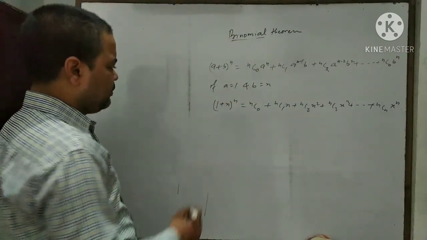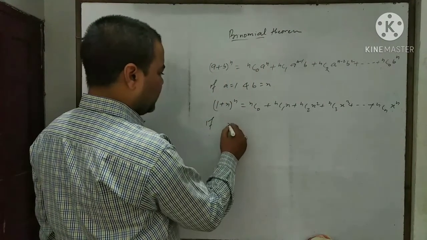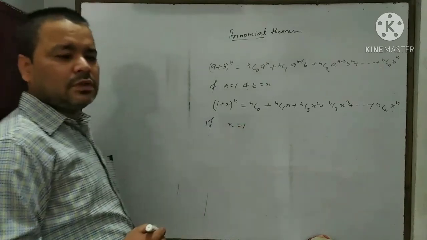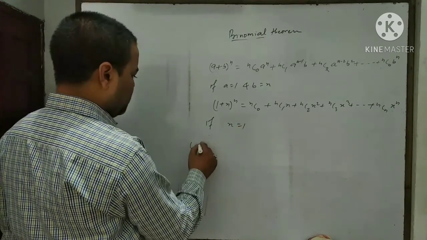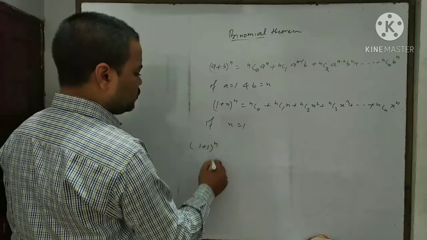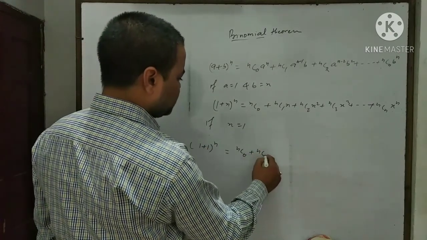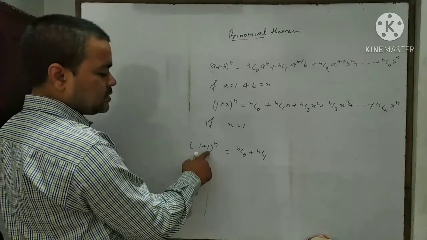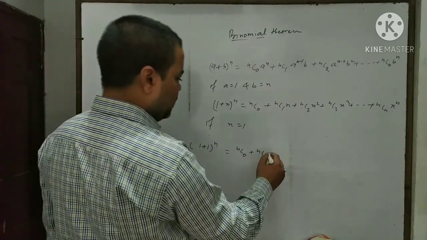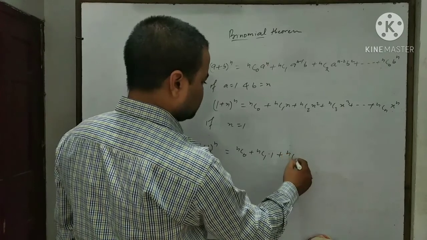Now if x is equal to 1, in that case we find that (1 + 1)^n is equal to nC0 + nC1 into 1 + nC2 into 1 squared + nC3 into 1 cubed, up to nCn into 1 raised to the power n.